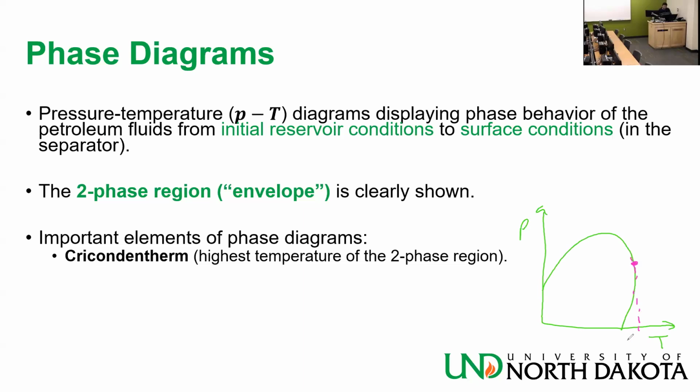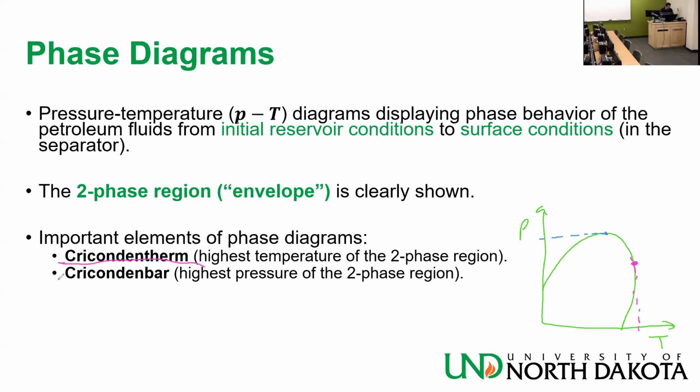This is the cricondentherm. What about the cricondenbar? The cricondenbar is the highest pressure of the two-phase region. So you need to be looking at the vertical axis for that, not the horizontal axis. So it's something like this one. Remember, bar, the unit of pressure.